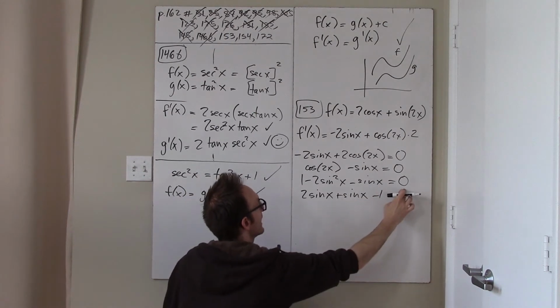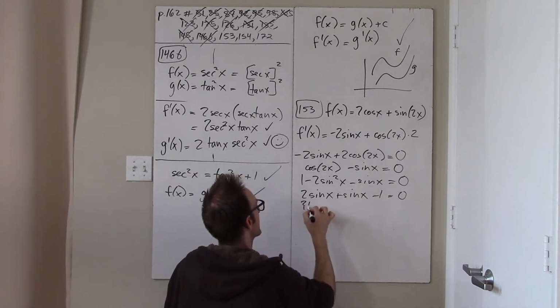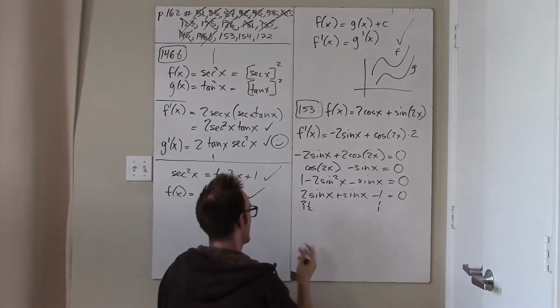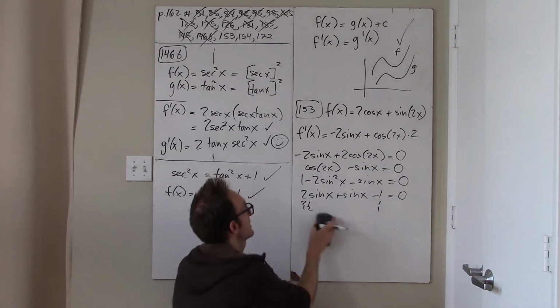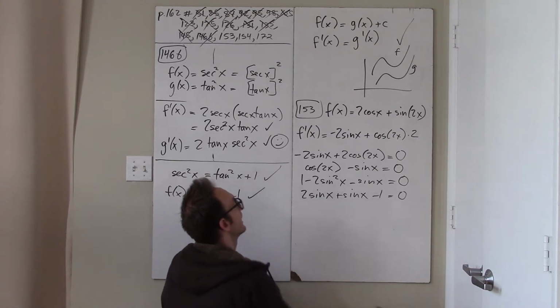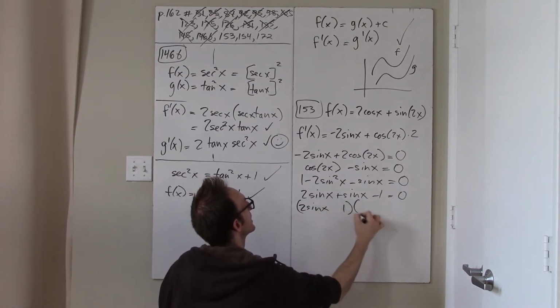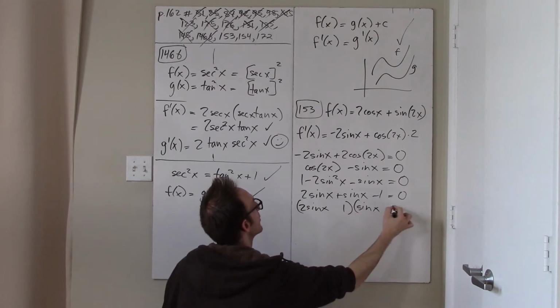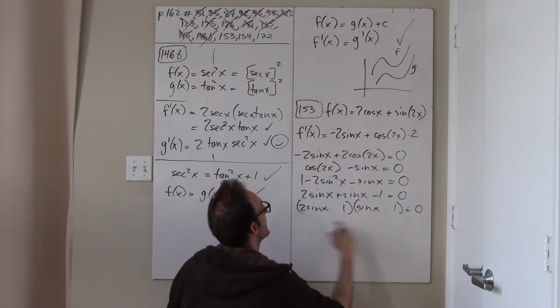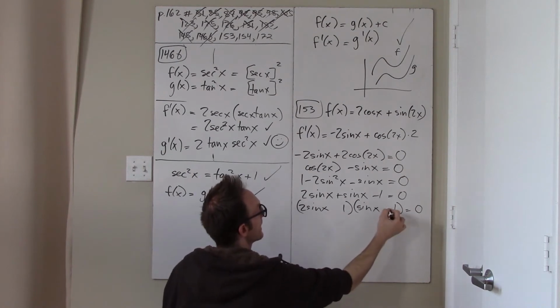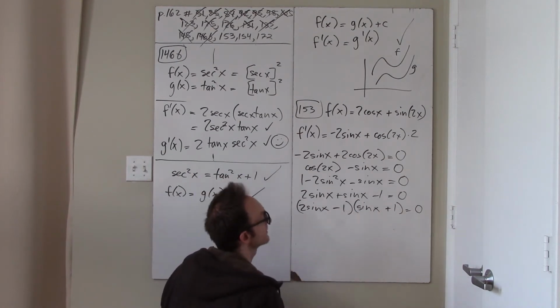And now I hope that this factors, and I bet it just does. There aren't too many options. So it's (2 sine x plus 1)(sine x minus 1). So there you have it.